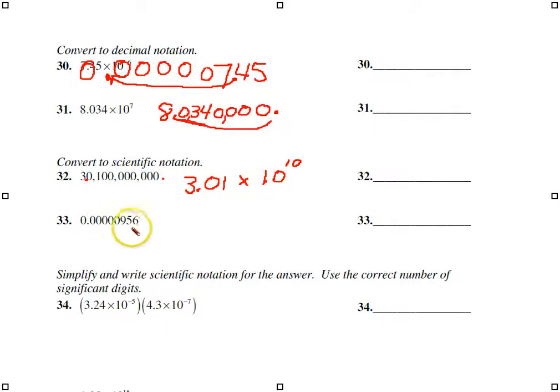Again, I want to make this a number between 1 and 10. So it's going to end up right there. So it'll be 9.56. Now, how many places did I move it over? Well, 1, 2, 3, 4, 5, 6. So it's going to be times 10.